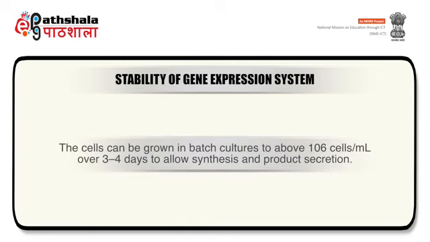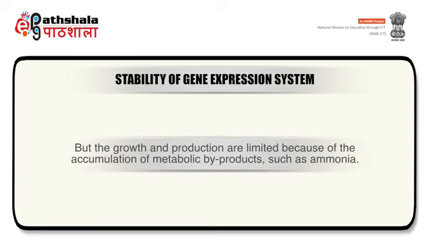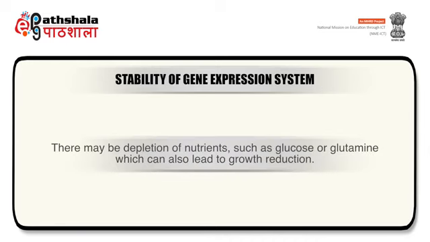The cells can be grown in batch cultures to above 10⁶ cells per ml over 3 to 4 days to allow synthesis and product secretion. But the growth and production are limited because of the accumulation of metabolic byproducts such as ammonia. There may be depletion of nutrients such as glucose or glutamine, which can also lead to growth reduction.